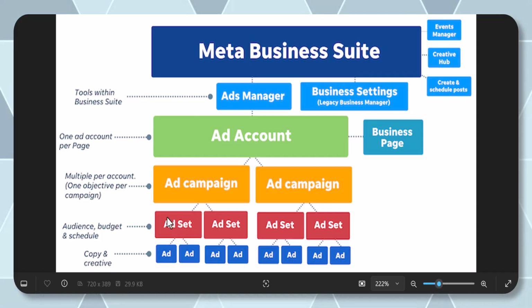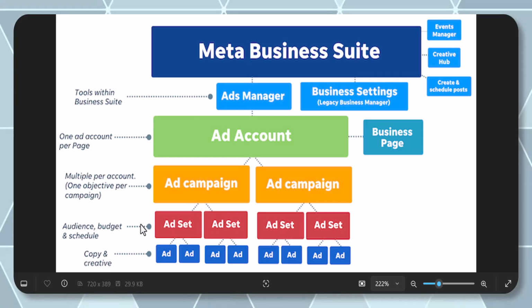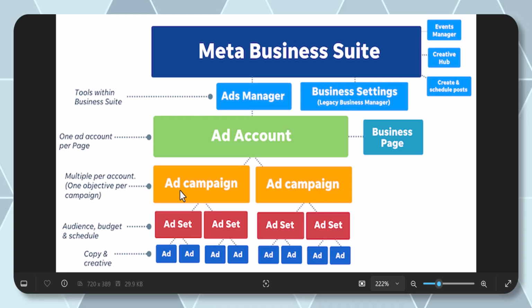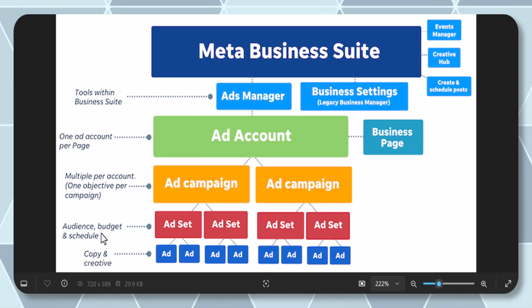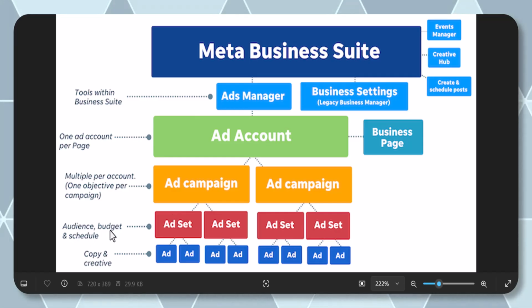Now we can also duplicate the ad set, and we can set one objective per campaign, which we just selected: sales as the one objective for our campaign. Then we also have ad sets where we can select the audience, we can select our budget and also schedule our ad. And the last is called the ad.